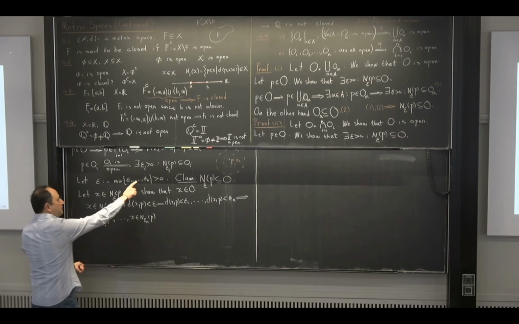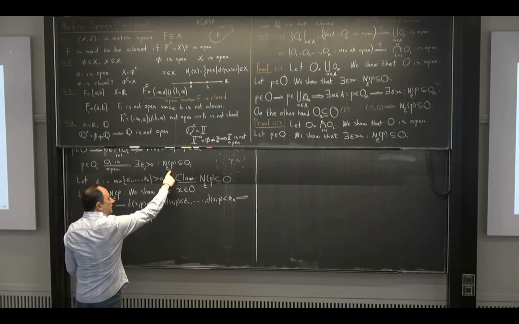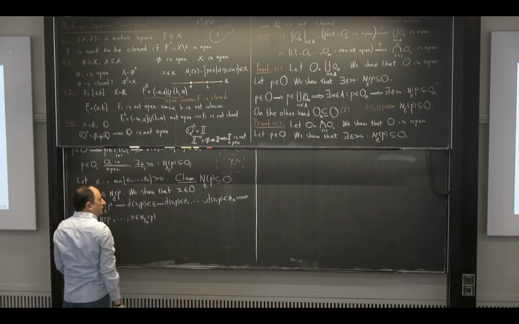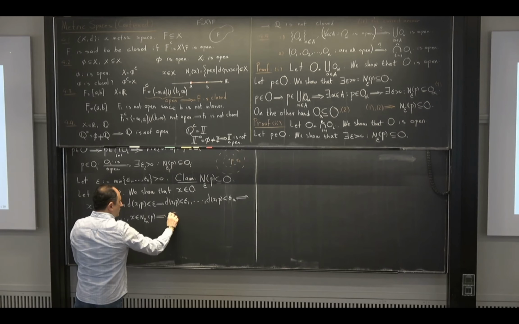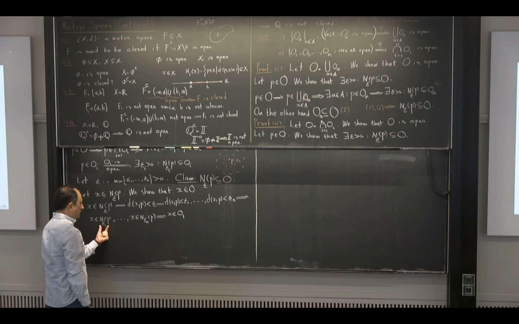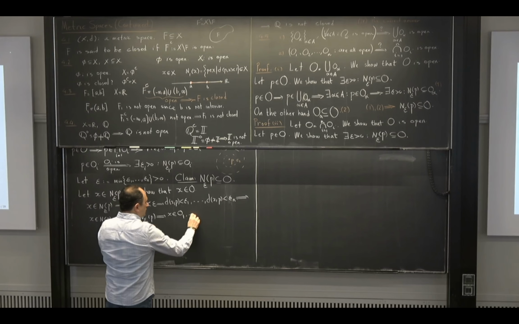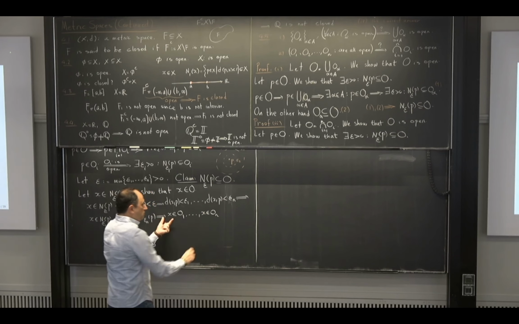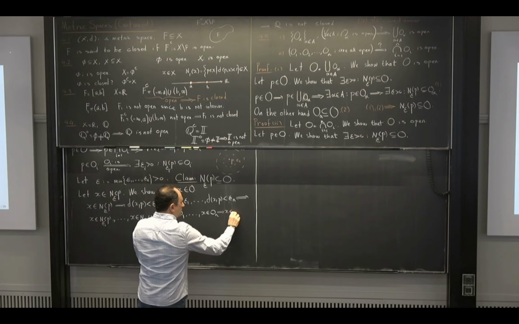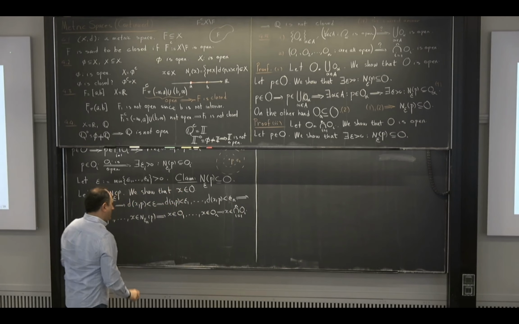But N(p, epsilon I) is a subset of OI. If x belongs to this, then it means x belongs to O1, and you can continue and say that x belongs to On. So this means x belongs to the intersection. But the intersection is called O.